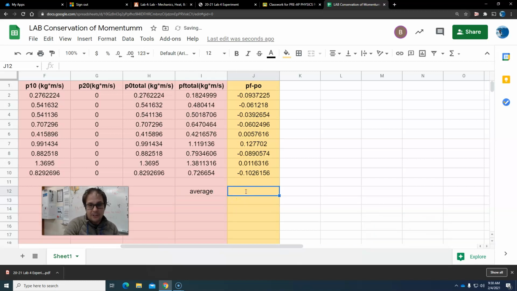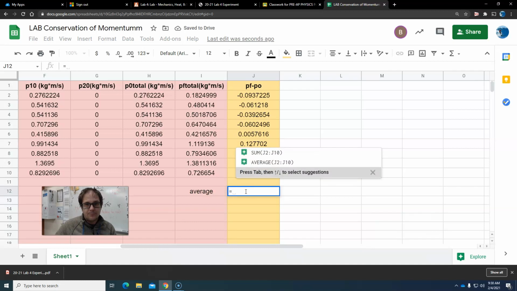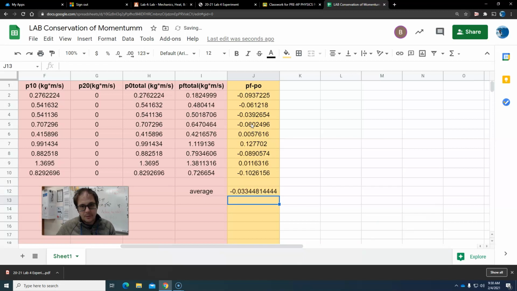So the average is supposed to be close to 0, and is indeed negative 0.03. So that's the first indication that the two quantities are equal. Sometimes it's positive, sometimes it's negative, but look how close the average is to 0.